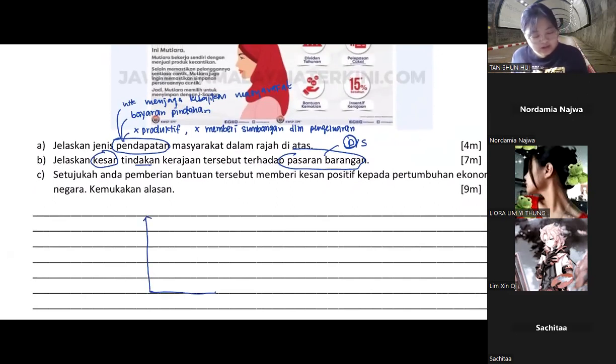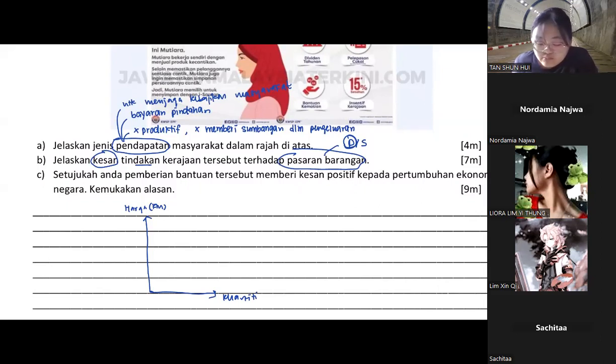Use ruler, see, harga, quantity, can. Especially in essay. Why? In essay, sometimes they are not very clear to tell you must draw or not to draw.